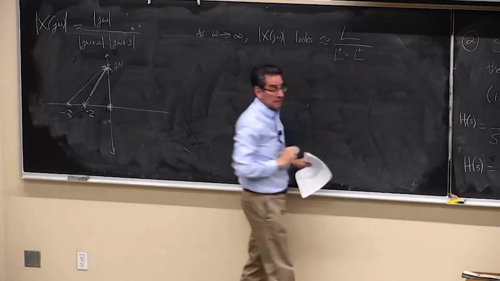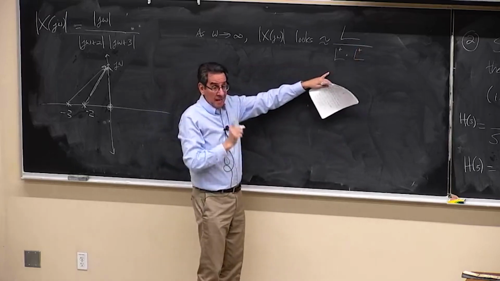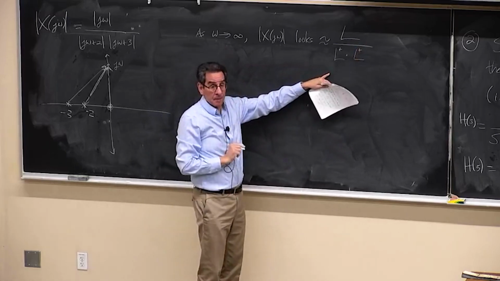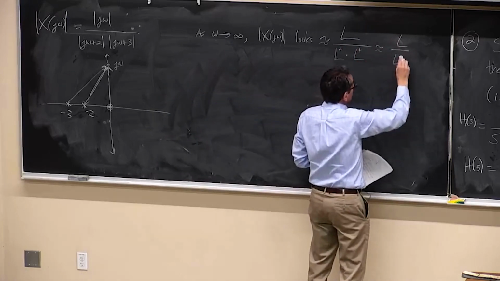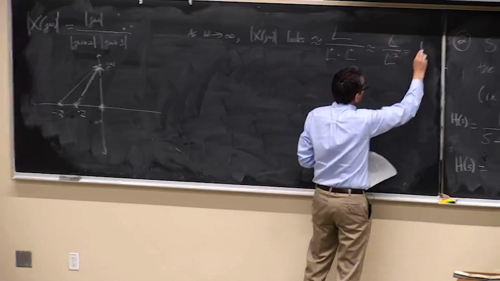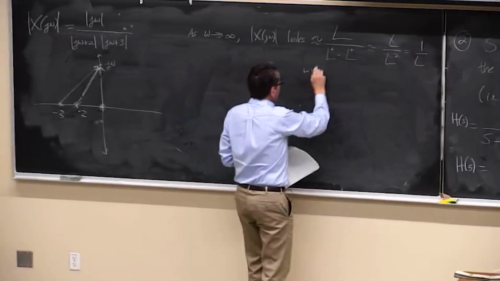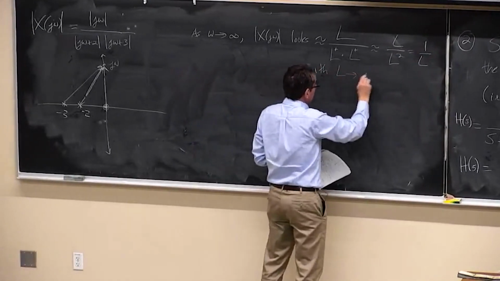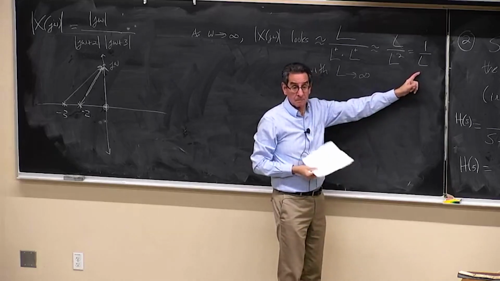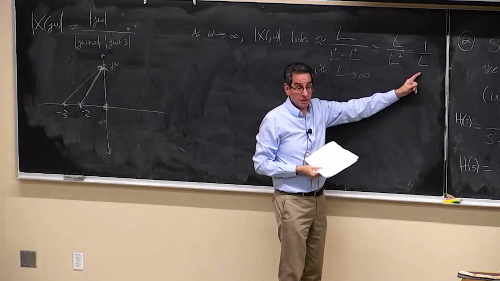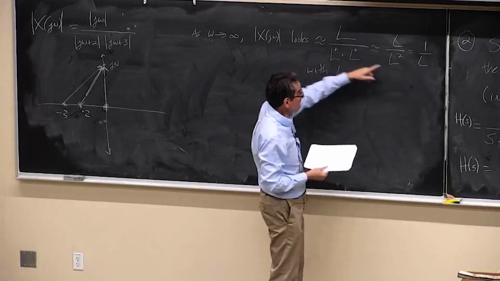But the bottom line is that L is going to infinity. And so it looks like L divided by L squared, which is 1 over L, with L going to infinity. Well, what does that become when L goes to infinity? 0. And it's going down gradually. It's looking like 1 over L.